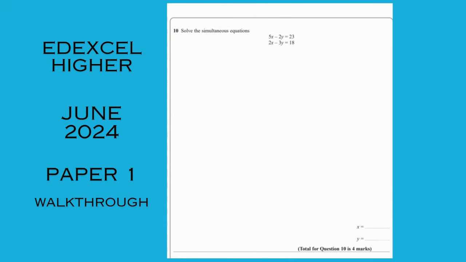Number 10. So on this one, you could make the x's the same. You could make the y's the same. I'll go for the y's. I'll take the top equation. I'll treble everything. I'll take the bottom equation and I'll double everything.